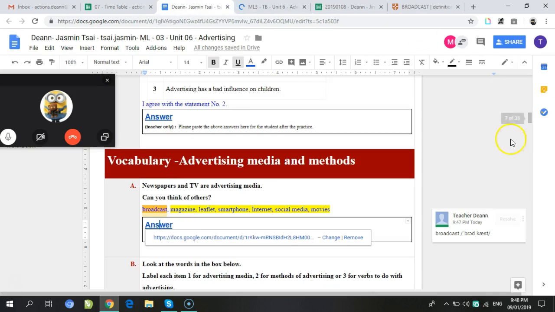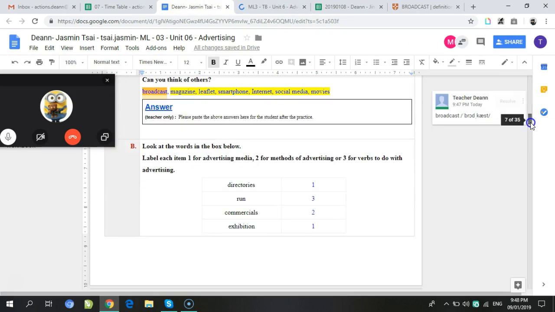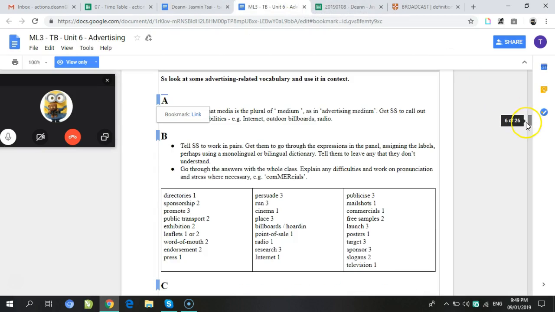Label each item: 1 for advertising media, 2 for methods of advertising, or 3 for verbs to do with advertising. So remember, verbs are action words.